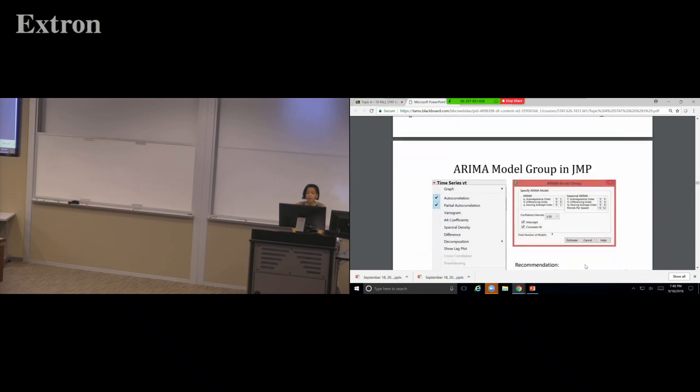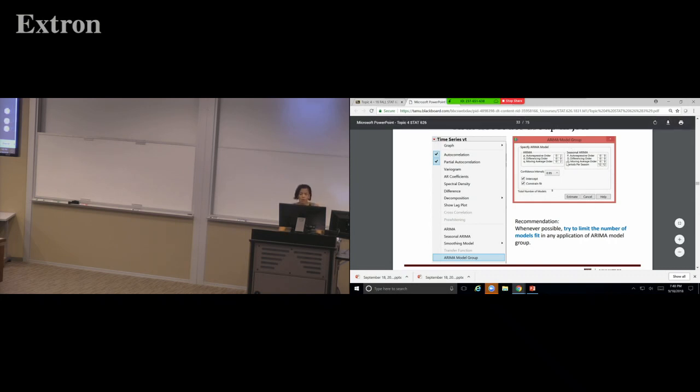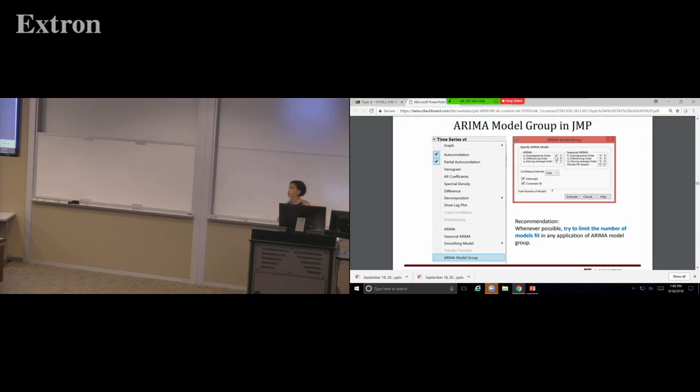So the ARIMA model group in JMP. This is what it looks like. What you do here is give it a range of values to look for. In this slide, we're looking at autoregressive orders from 0 to 2, moving average orders from 0 to 2, and all those combinations.